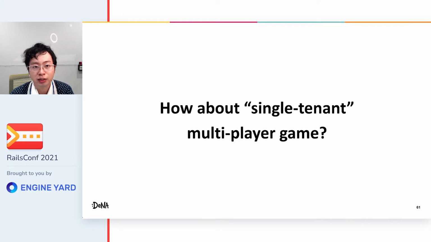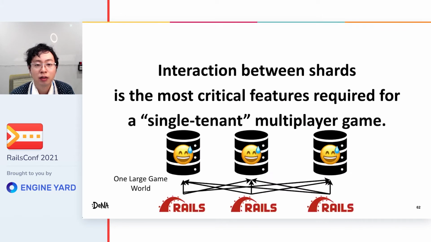How about a single-tenant multiplayer game? Interaction between shards is the most critical feature required for a single-tenant multiplayer game. Players in one large game world must interact with each other.